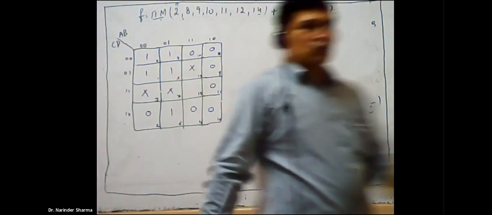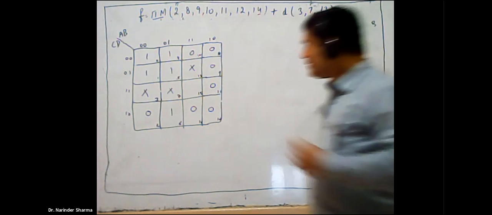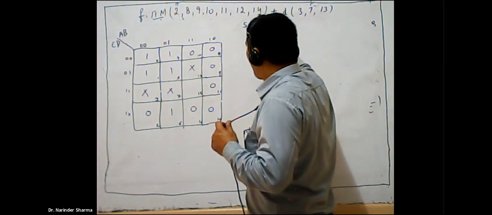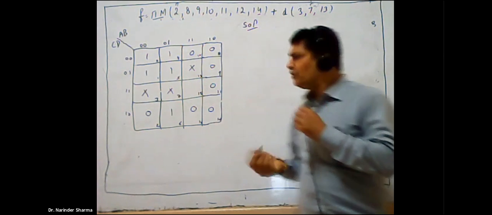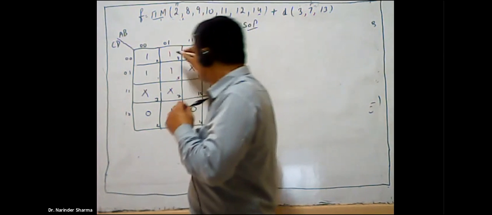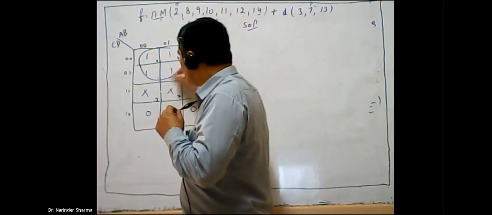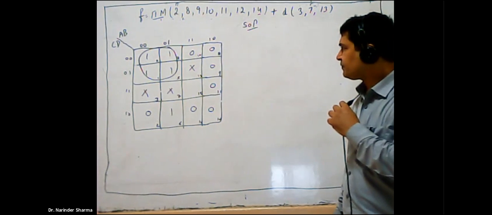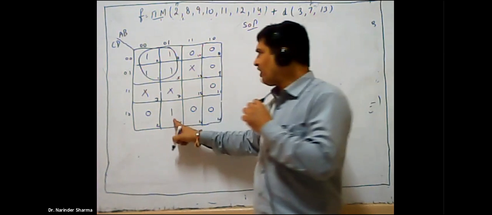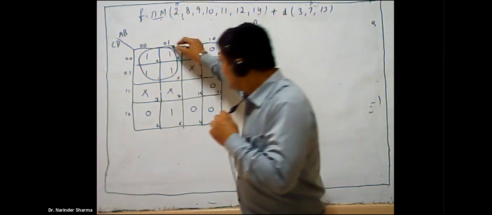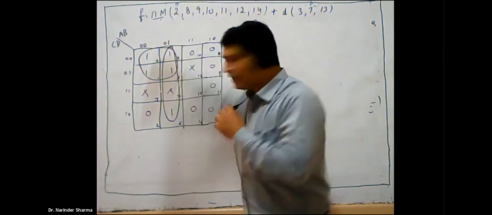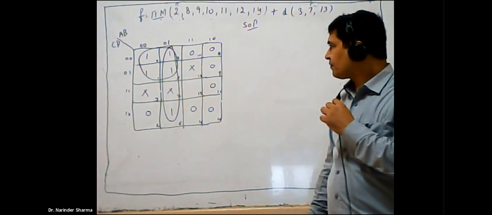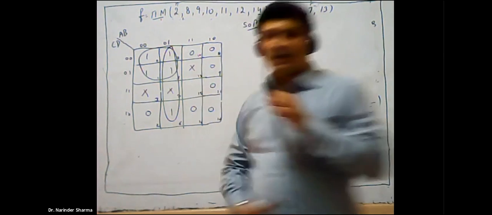We can also simplify by using SOP. If it is not mentioned, we have to consider ones here. This you can pursue for one quad. There is a single one. This is another quad.